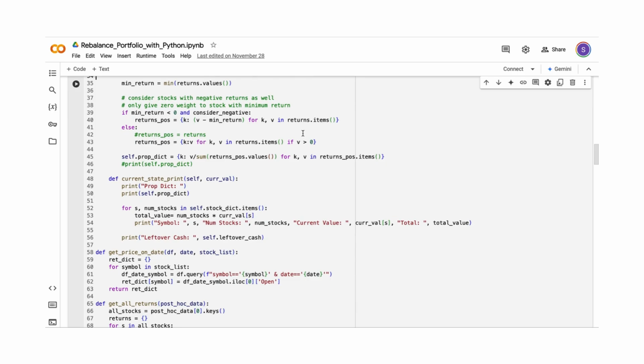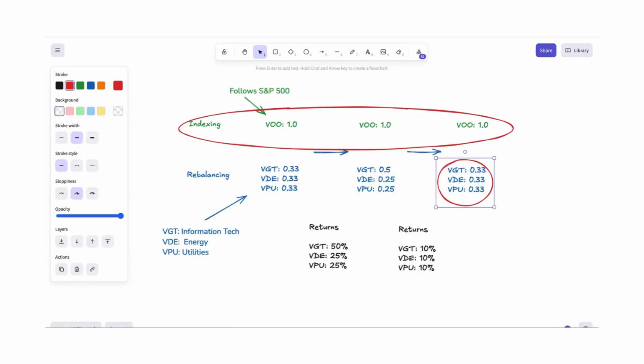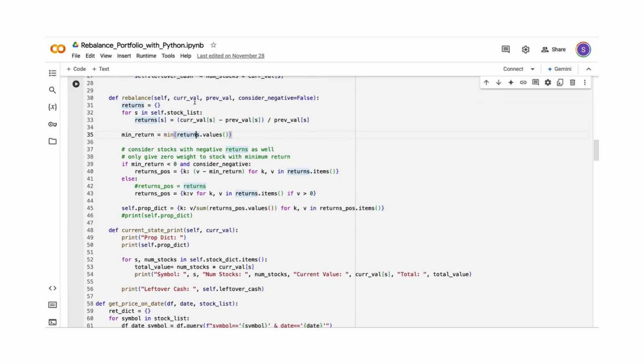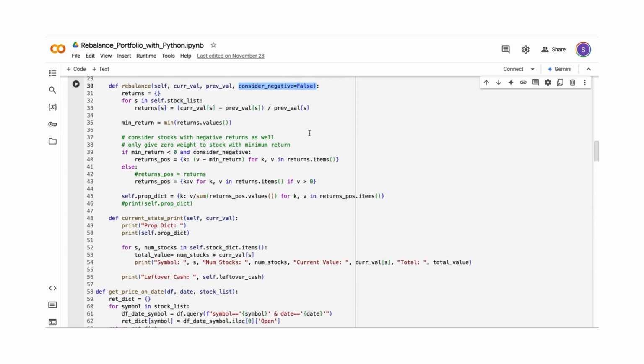Now we can do two things. The one nuance here is that the minimum return can be negative. In each of these cases, if you look here, we consider the minimum return to be positive to make things simpler. But in reality, the minimum return can be negative, and this is a case we might want to handle or might not want to handle, depending on this flag which considers negative.